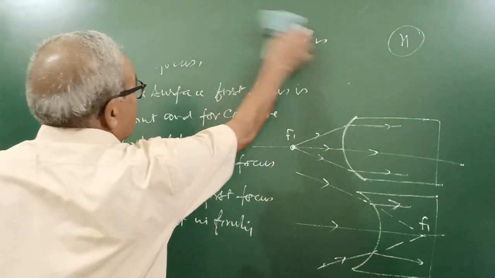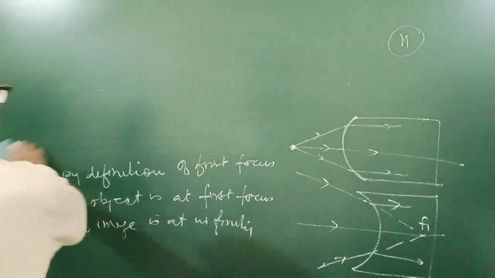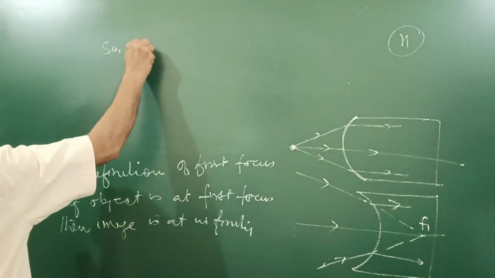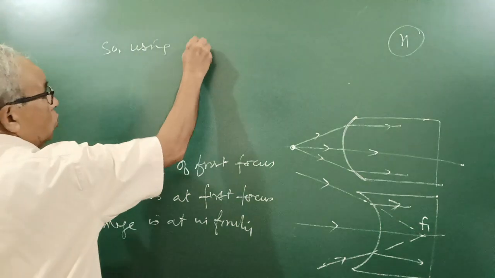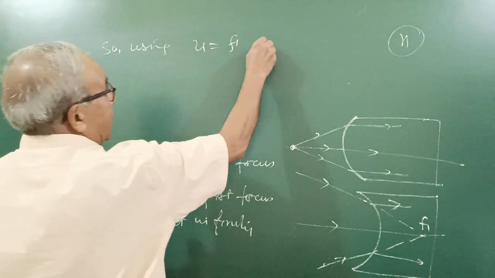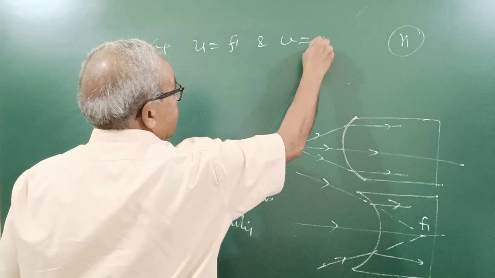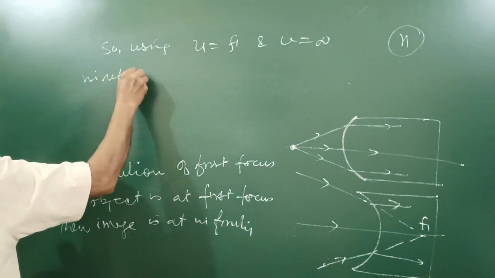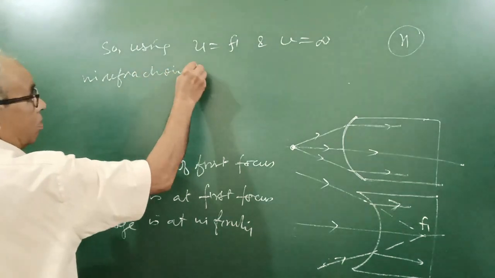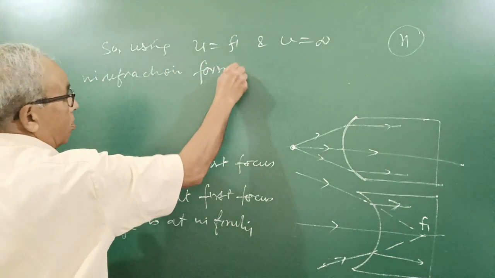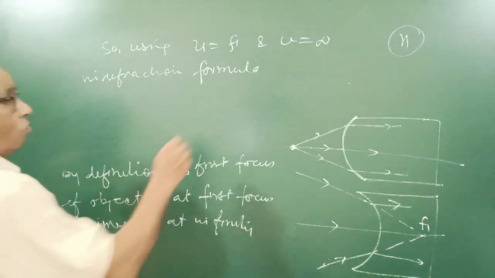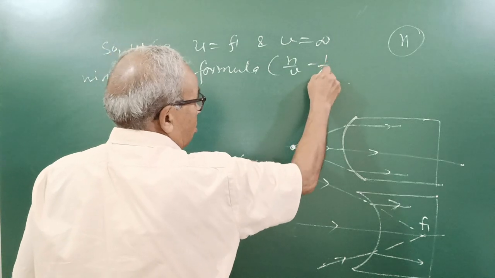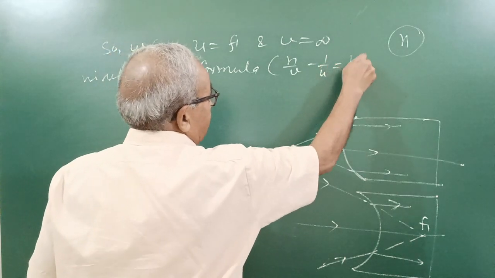So using u equal to f1 and v equal to infinity in the refraction formula, what is the formula? n upon v minus 1 upon u is equal to n minus 1 upon r.